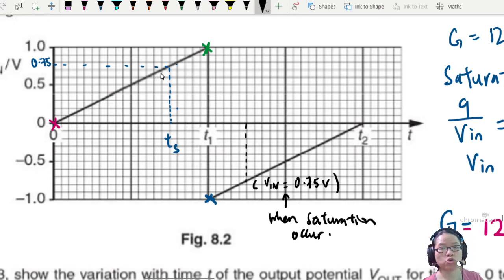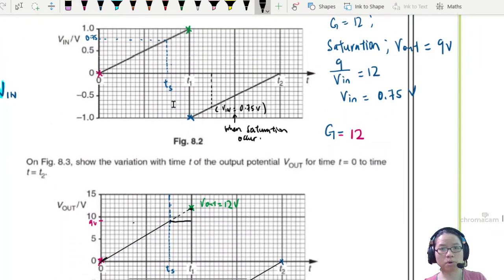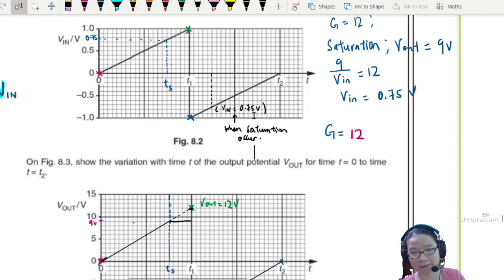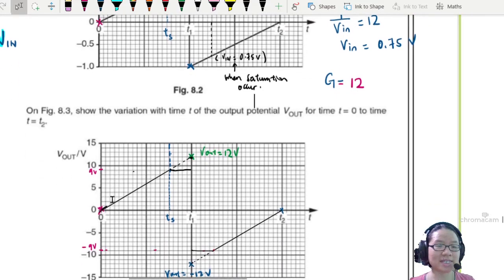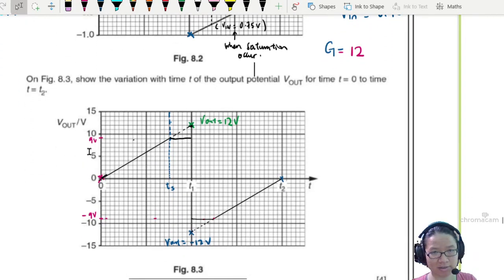So whenever you draw this kind of graph, you have to be mindful about 2 things. Number 1, does saturation happen? And if saturation happens, where is it saturated? Is it at 9 volt? Is it at 5 volt? Because this will actually affect your graph. So you must know where to cut. And in this case, we are cutting at 9 because the supply is 9.